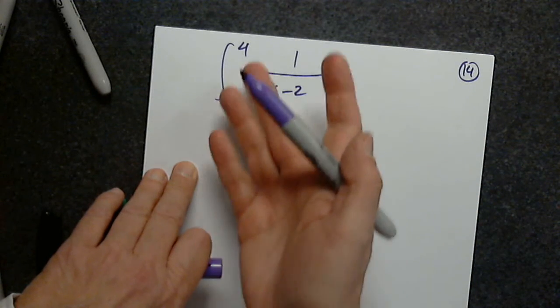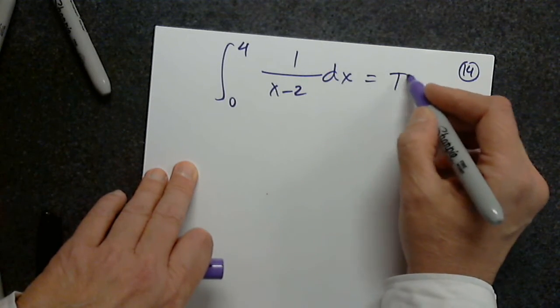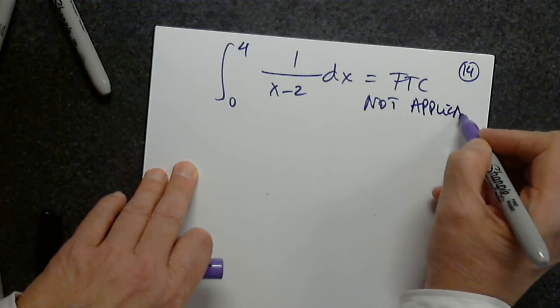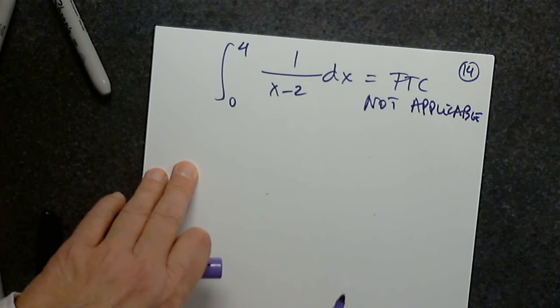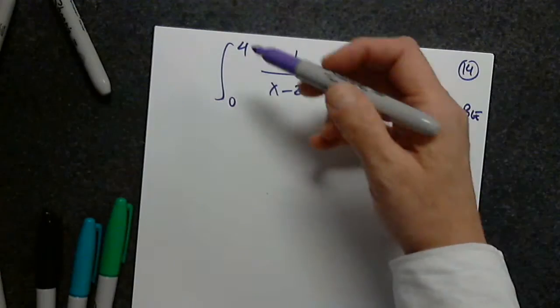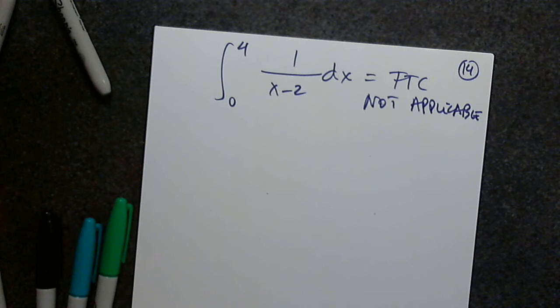This function is not continuous on 0 to 4. The fundamental theorem of calculus is not applicable. And you're done. That's why every time I see a definite integral, I will check whether the function is defined on 0 to 4.